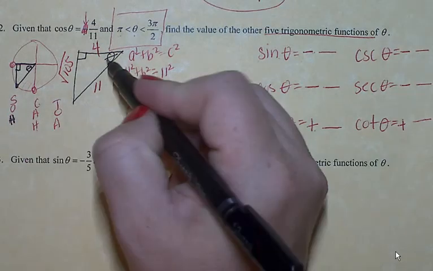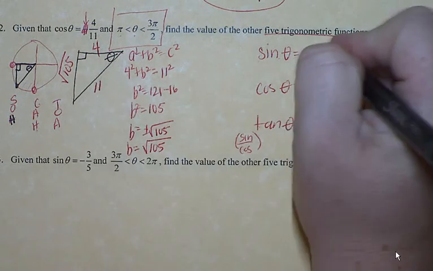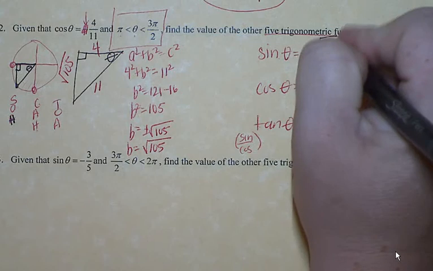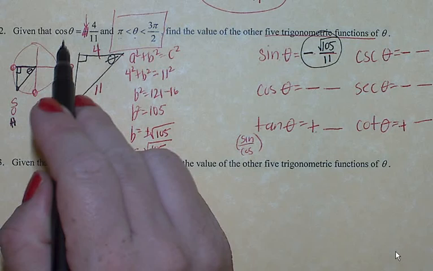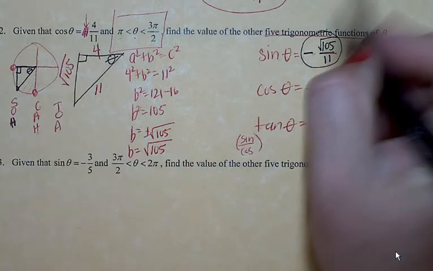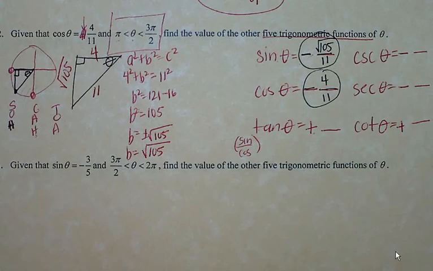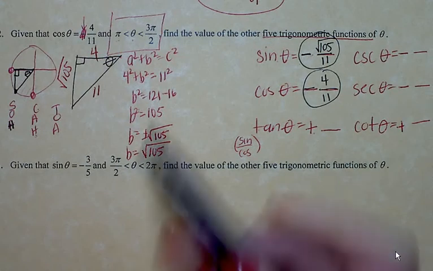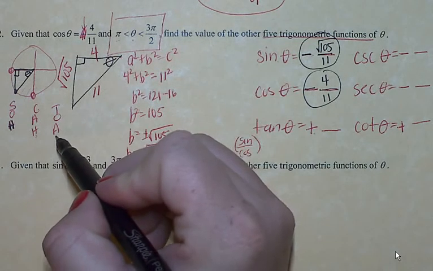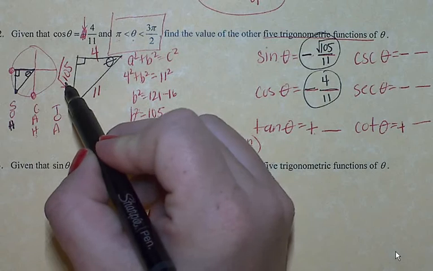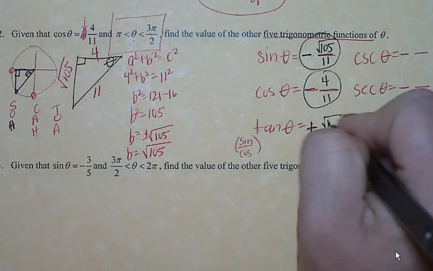Whoops, it's my fault. So from here, your opposite is square root of 105, your hypotenuse is 11. We already know our cosine of the central angle is negative 4/11. The tangent is going to be opposite over adjacent. Opposite is square root of 105, adjacent is 4. Square root of 105 over 4.